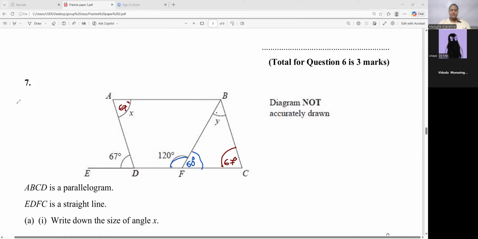Now we can find what Y is. These are interior angles of a triangle. Consider the triangle BCF. Y plus 60 plus 67 equals 180. Reason: interior angles of a triangle.